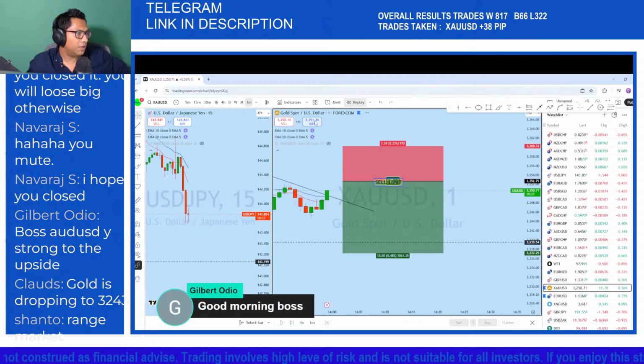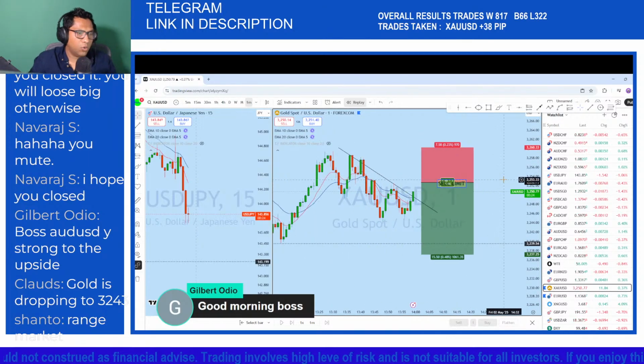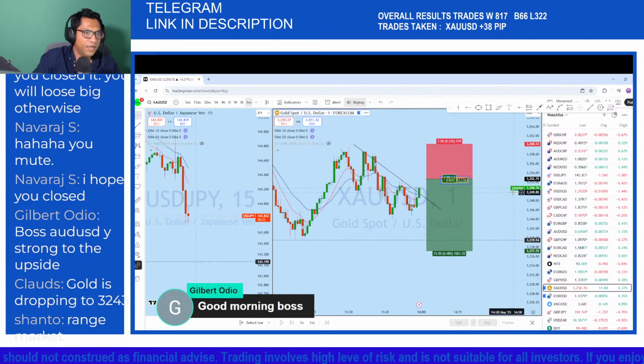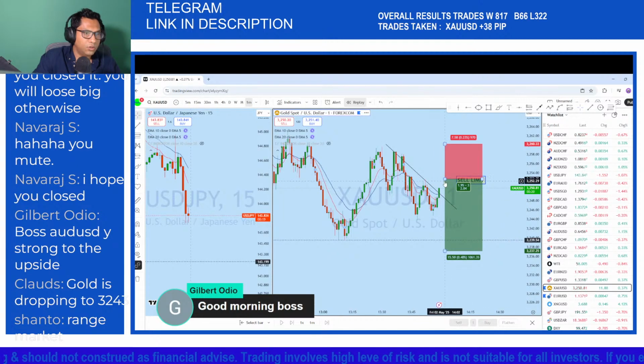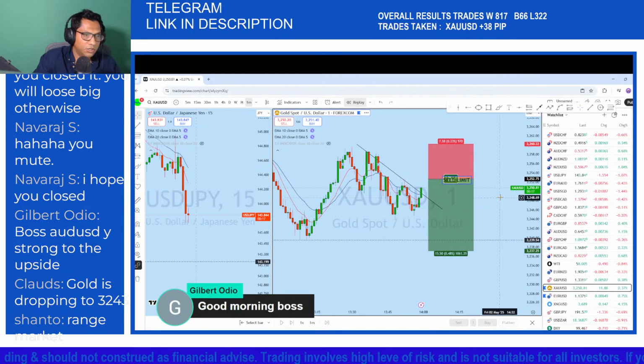Now if we get a trigger with the 1 hour candle close, then expecting it to get a liquidity and then to return in that direction here.